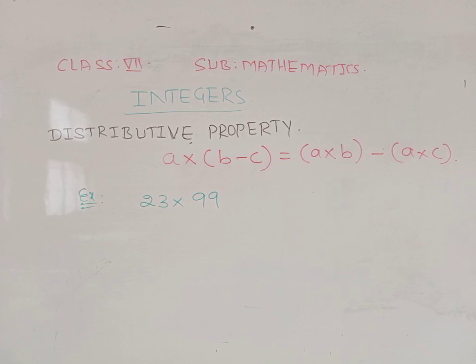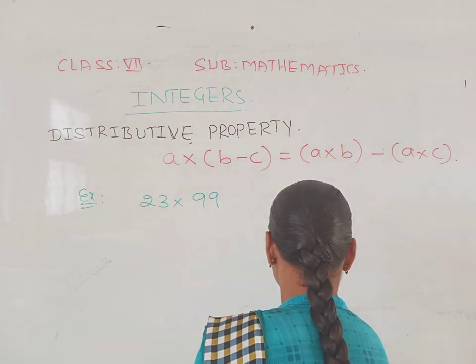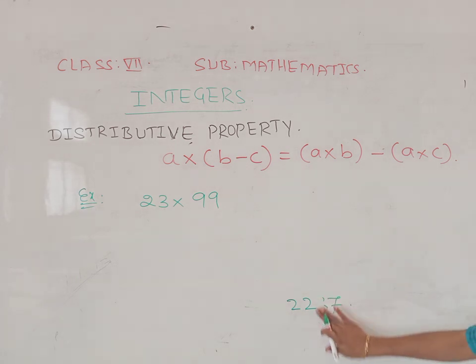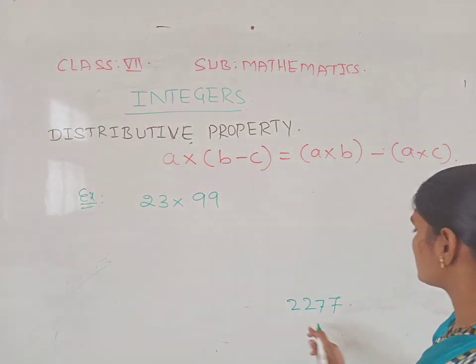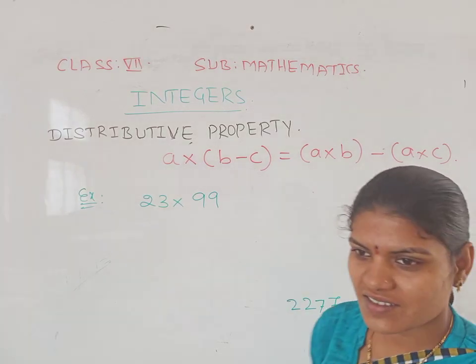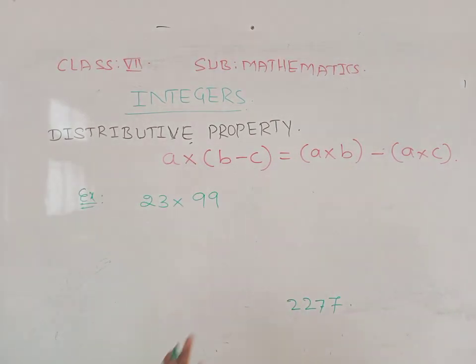Yes, Indira, have you done this one? Show me your answer, madam. Is it clear? Got the answer? What's your answer? 2277. Okay, again, any changes? Any different answers? Still not getting, madam. Okay.